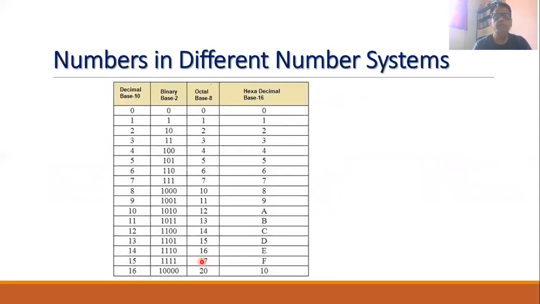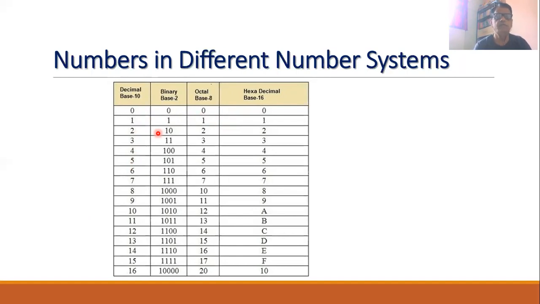Now, this is a table which will show us how the numbers can be written in different number systems. For example, 0 is the same in all number systems. Similarly, 1 is the same in all number systems. But when we write 2 in the decimal number system, in binary there is no 2, and therefore we need to make the combination of 1 and 0.